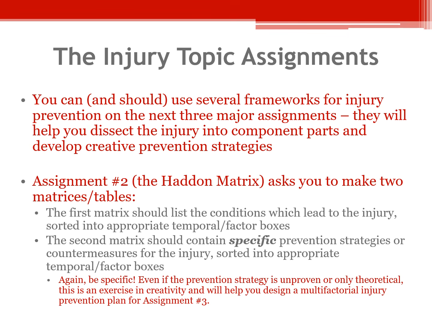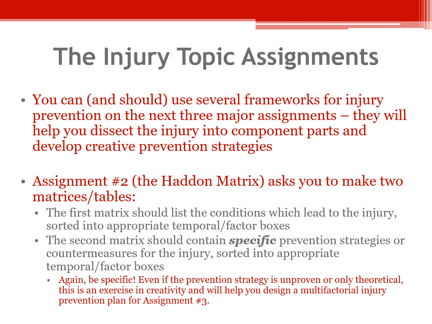The first of those 3 major assignments, the Haddon matrix assignment, I'm going to ask you to make 2 matrices or tables, very similar to the ones I just showed you. In the first matrix, you'll list the conditions which lead to the injury, sorted into the appropriate temporal and factor boxes.